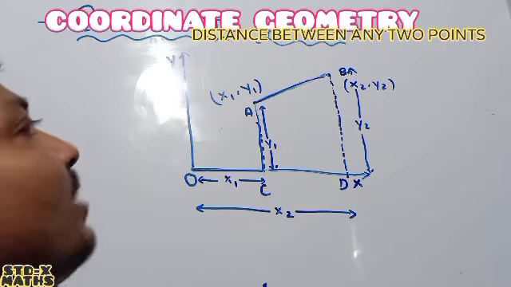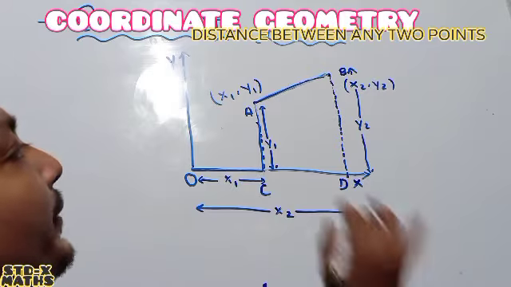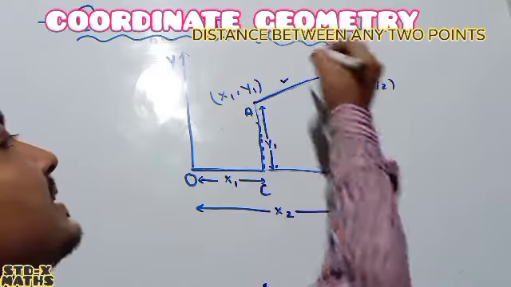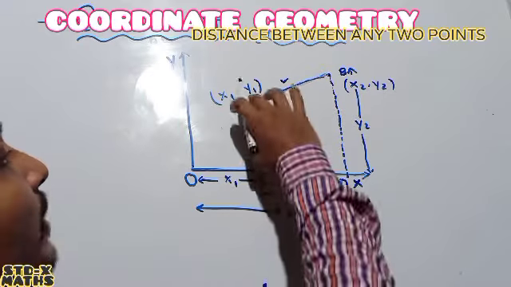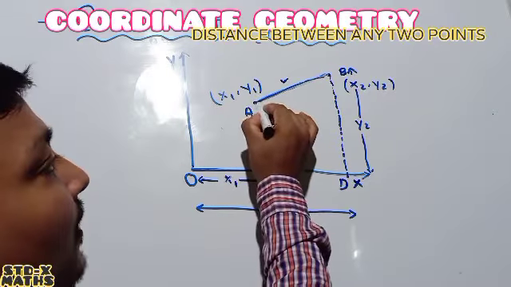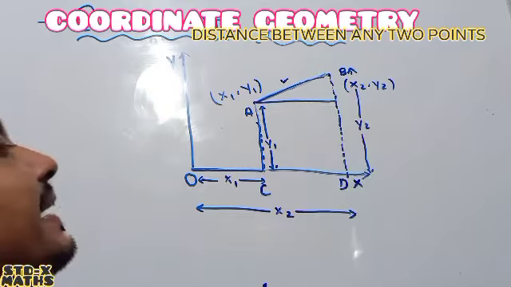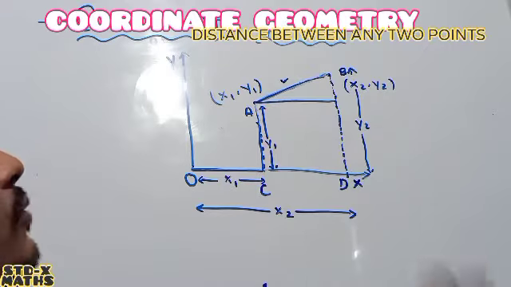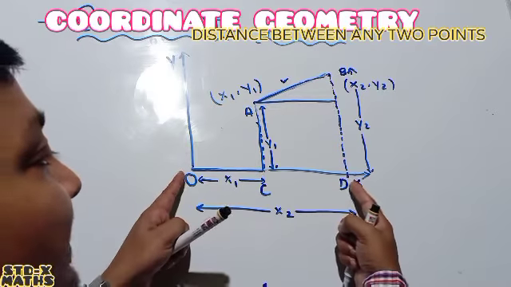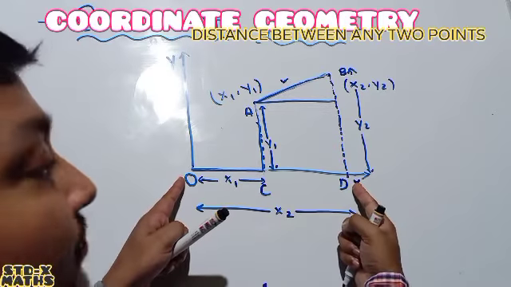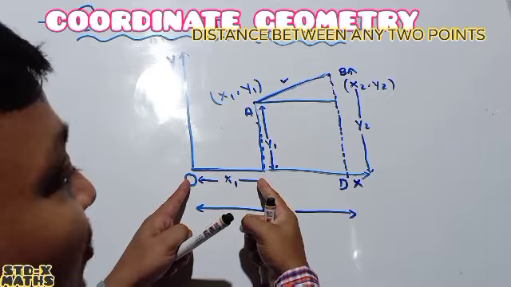One thing I want to tell you, actually I want this distance AB. Tell me one thing, suppose I draw one perpendicular here and one perpendicular here. Clearly see, this distance is x2, this distance is x1.